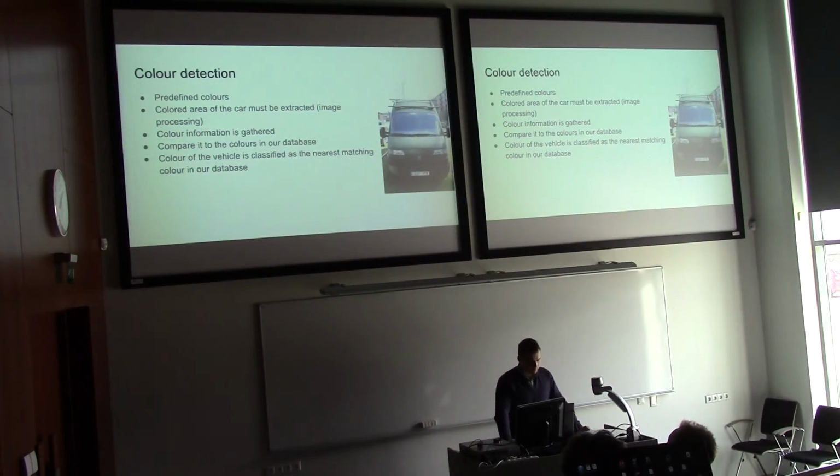And finally, we have to do the color detection. We had many different ideas. The simplest one was that if we can detect where the car is, and we know that in some place of the picture the car always has a color, then we can just take one pixel and determine the color of this pixel.